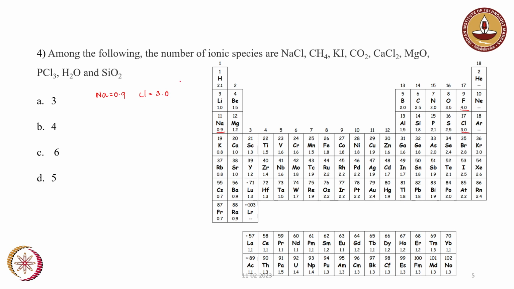So the electronegativity difference will be 2.1. A delta electronegativity greater than 1.7 means they are ionic, and between 0.4 and 1.7 will be polar covalent.